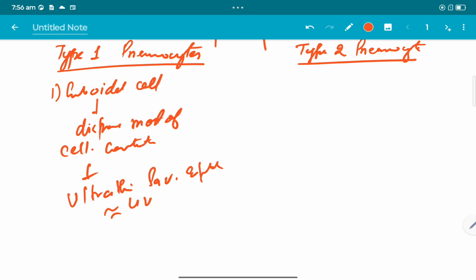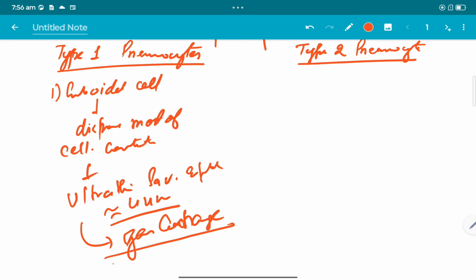Approximate size is 4 micrometer and they are suitable for gas exchange. So the type 1 pneumocyte participate in the gas exchange and these account for 80 to 90% of alveolar surface area at birth.